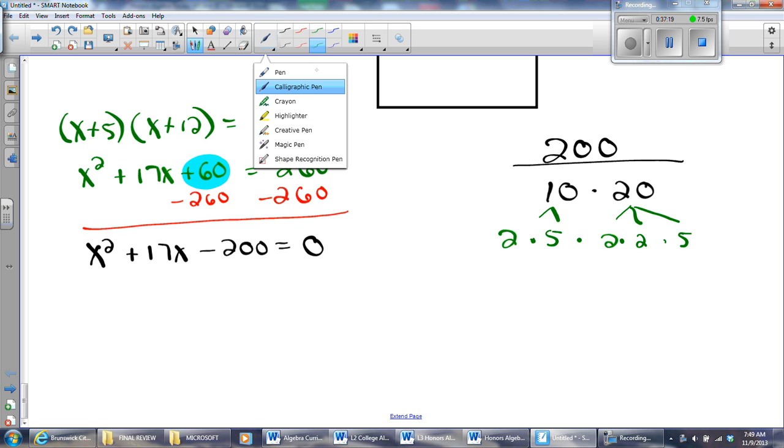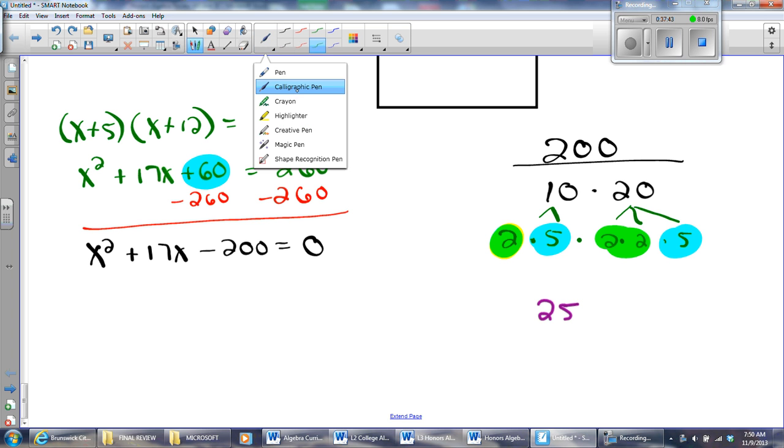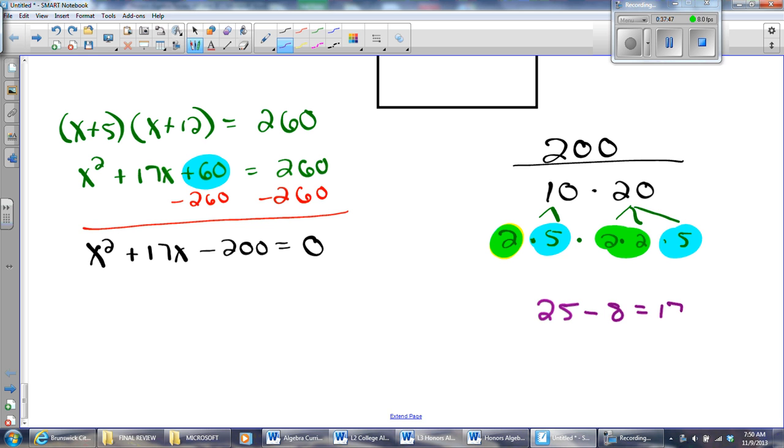Well, 5 times 5 is 25, right? That gets me 25. And then I'd be forced to multiply 2, 2, and 2, which would get me 8. I have 25 minus 8. Oh, look at that, it's 17.